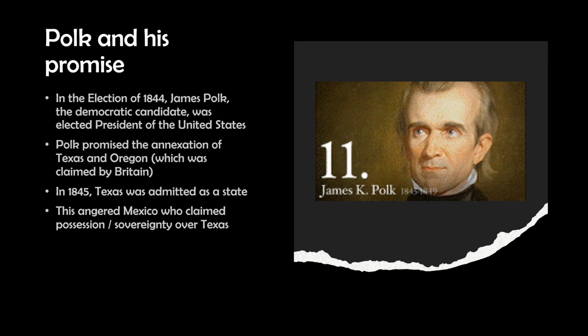He was elected president. He was a massive believer in Manifest Destiny and used that to promise the annexation of Texas and Oregon. Oregon was claimed by Britain, Texas was claimed by Mexico. And in 1845, Texas was admitted as a state. This angered Mexico, who claimed sovereignty over Texas.